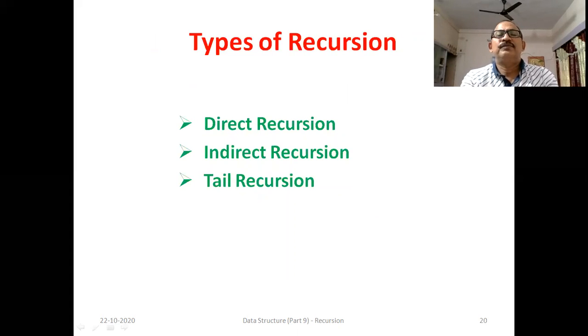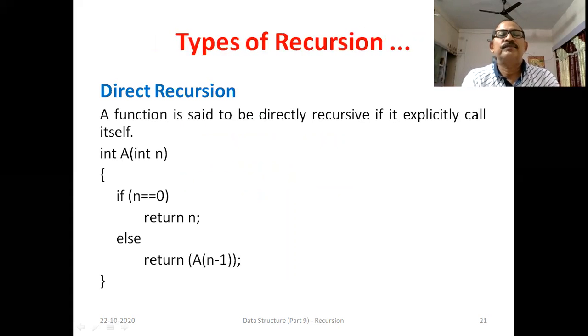Let us take the types of recursion. There are three types of recursion: direct recursion, indirect recursion, and tail recursion. What is direct recursion? A function is said to be directly recursive if it explicitly calls itself. Here you can see the example of direct recursion.